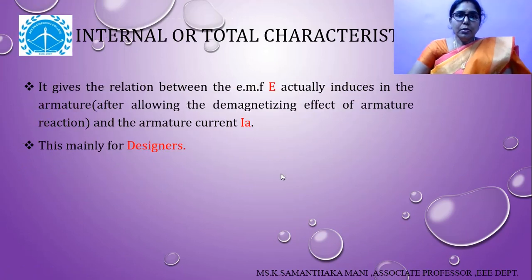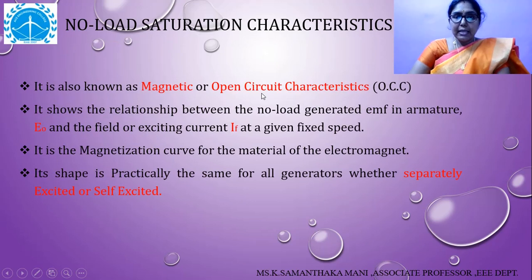Right. The next one is the internal or total characteristic curve. This characteristic curve gives a relation between EMF, and in the earlier case also it is drawn between EMF and field current IF. But here EMF means what E actually induces in the armature, after allowing for the demagnetizing effect of the armature reaction and the armature current. Earlier, E naught meant the total EMF induced in the armature.